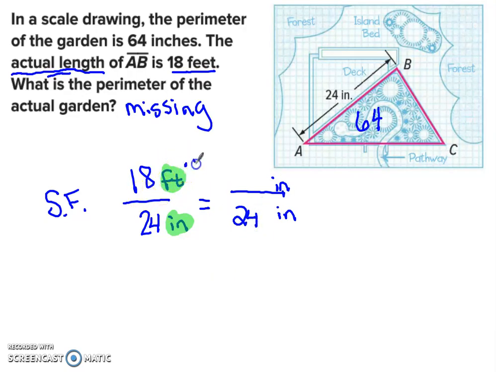I need to multiply 18 by 12, so this gets me 216. So now they are the same, and then I can reduce them down. So 216 divided by 24 is equal to 9. So this is the scale factor of 9.